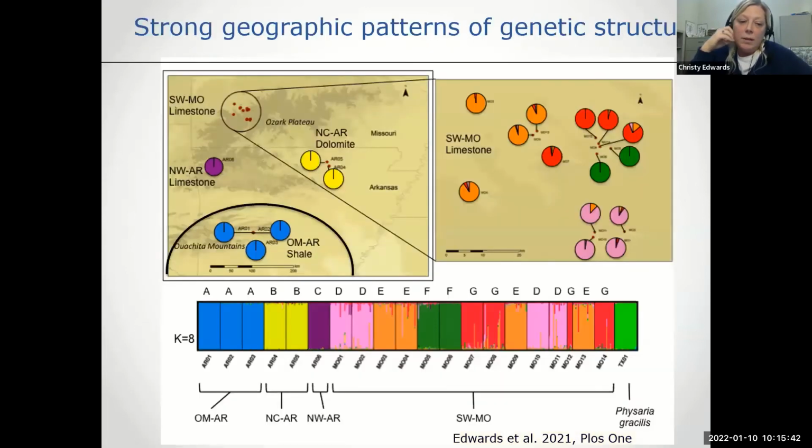So for this one, what we found is, for example, the three southern populations you see on the left-hand slide in yellow, blue, and purple, those correspond to those three major geographic groups. And then within southwestern Missouri, which you see on the right, there's a relatively strong structuring of genetic variation according to location.